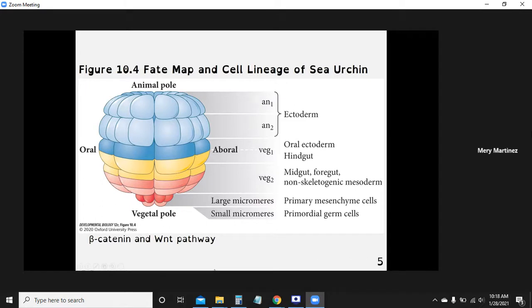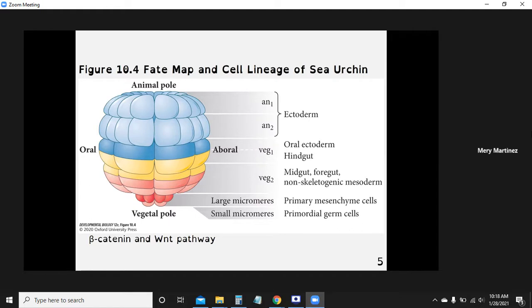The animal half, all of this section in blue, of the embryo will give origin to ectoderm. Remember, blue color from now on means ectoderm.